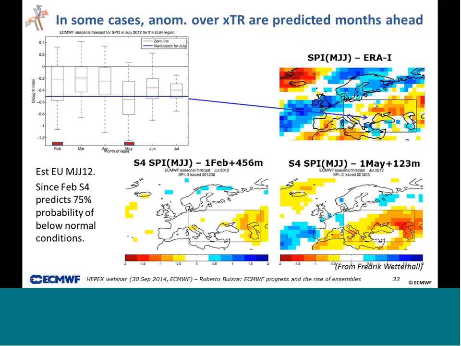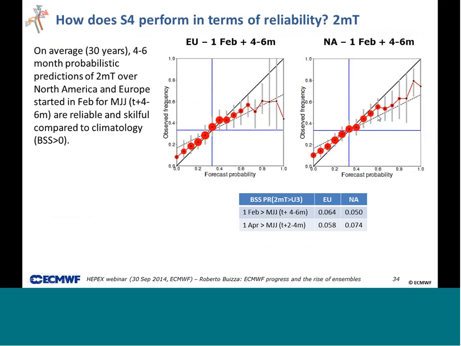So here is what was observed according to ERA-Interim, our reanalysis, over three months, May, June, July 2012. This is our forecast 4 to 6 months before the event, issued the 1st of February, and this is our forecast issued the 1st of May. As you can see, there is a good indication on the 1st of May that there is going to be drought over Eastern Europe, as was observed.